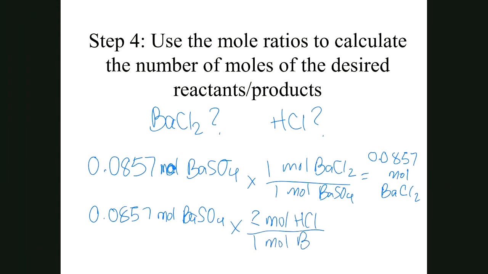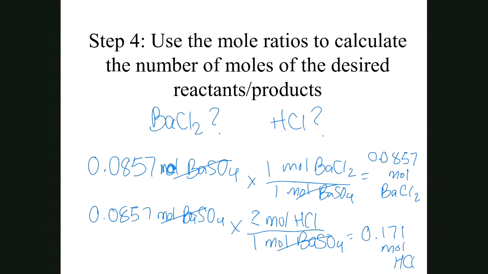Our HCl was the only thing that we had 2 of for everything else. So that means we have to multiply by 2. So we end up with 0.171 moles of HCl.